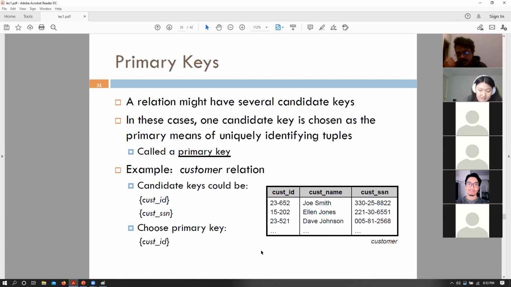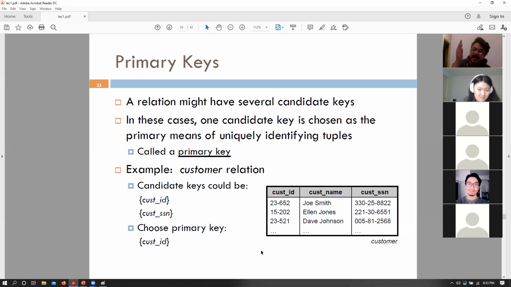So primary keys. A relation can have multiple different candidate keys. So for example, we can have a customer table that has the customer ID, the customer name, and customer social security number or your taxpayer ID number, what have you. So in this scenario, customer social security number can on its own be a candidate key.